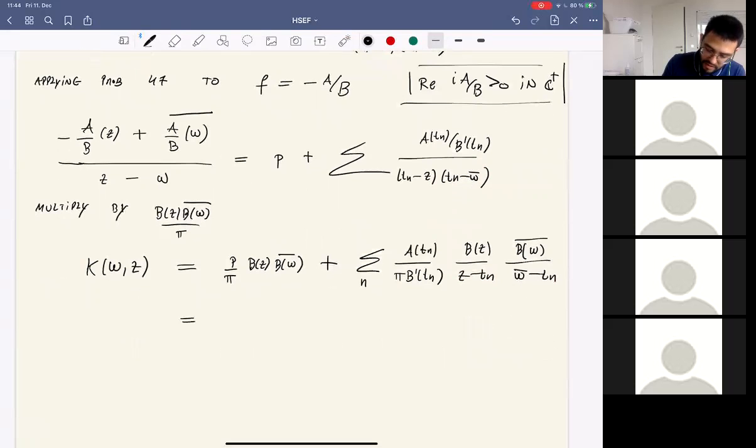And if you do the calculation, it's easy to write this in another form.